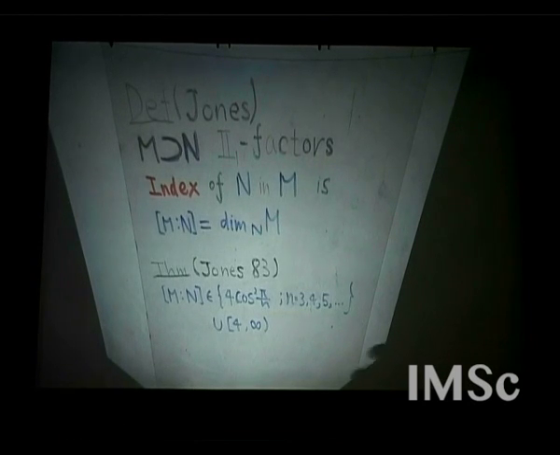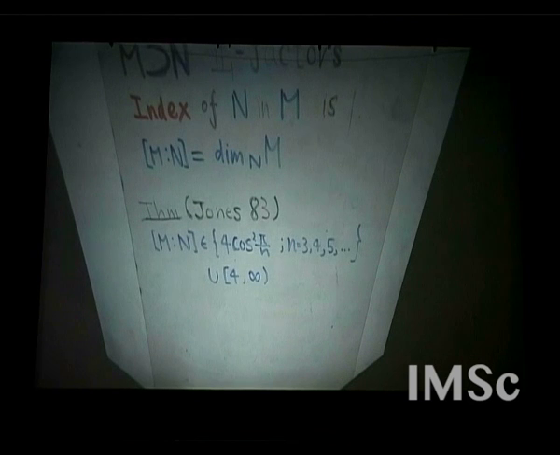Then Jones shows the following very striking result. This number belongs to either this discrete series or the continuous series. From just this definition, you never expect this kind of thing, but he showed it.